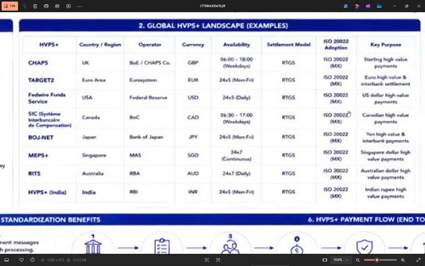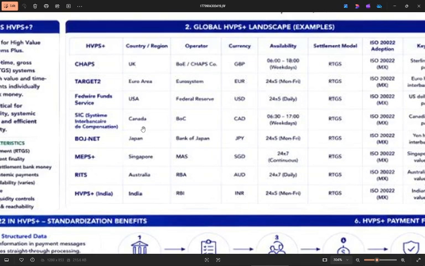Now, normally when we talk about ISO 20022 we only consider the US, but see here, ISO is adopted in high value payment systems. If you see the last column, they already mention the high value payment system. Even in India, we are using this HVPS payment for transferring within India. So next time your payment is moving inside India, apart from UPI, think that they are using the high value payment system.